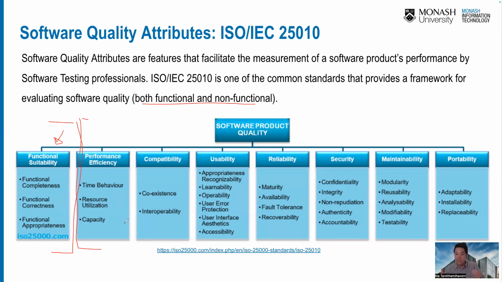We look at efficiency, compatibility, usability, reliability, security, maintainability, and portability. But for functional quality, we have to make sure that the software is functionally complete, functionally correct, and appropriate as well. Any questions so far?